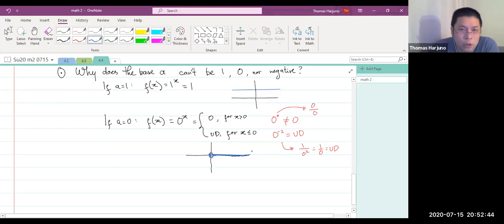It is still not increasing, not decreasing, and it's actually worse than when the base is 1. The domain is not all real numbers. Now, the last part: what happens if the base is negative? Then we may have some ambiguity.